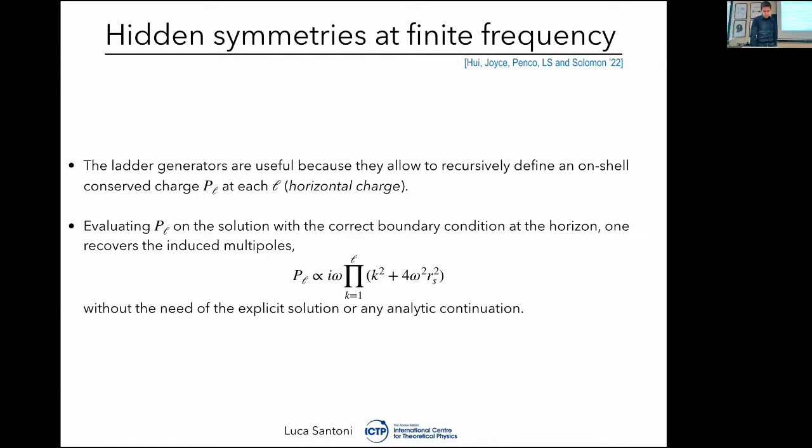And the ladder generators are useful because they allow you to derive conserved charges for each L. If you compute these charges, you find this quantity here, which nicely reproduces the induced multipoles that have been computed in an explicit calculation.